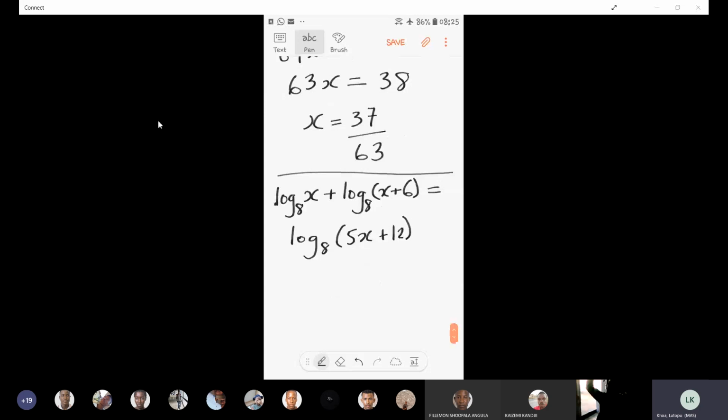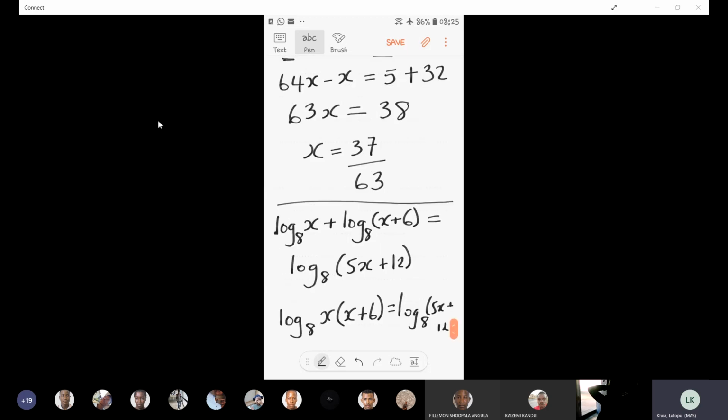Okay, so on the left hand side, the bases of the logarithms are the same, and I can combine them using the laws of logarithms. To combine them, what I do is just multiply the arguments. So I have log, the base remains the same, and then I multiply the arguments. Okay, this is plus 12. I just don't have space.